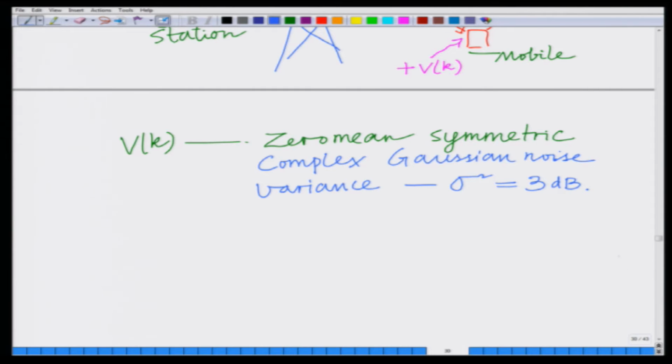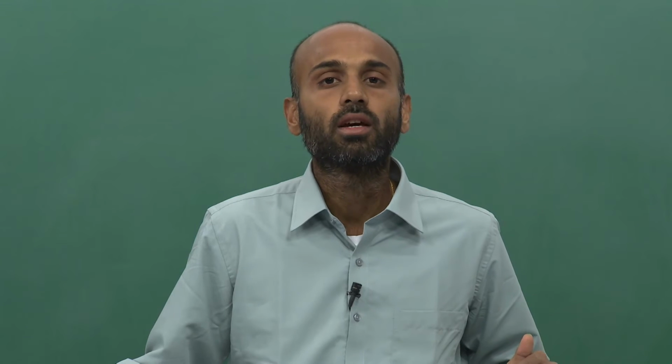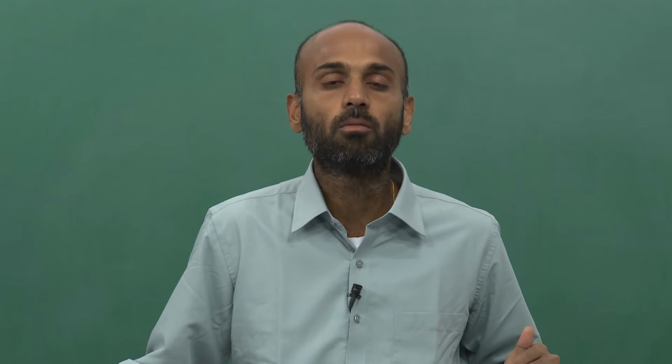So, Vk is additive complex Gaussian noise which is symmetric, it has a zero mean and it has a variance of 3 dB.